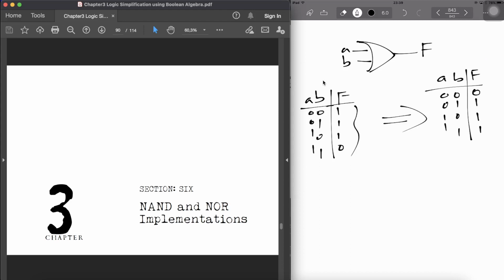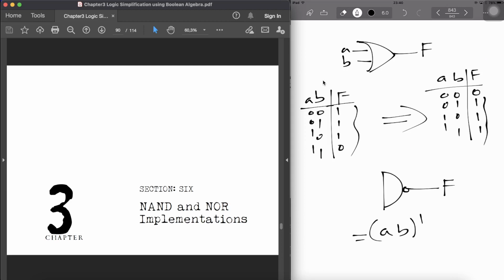modifications to my NAND gate. Now that modification is, when you look at it, it's going to be 1 in all cases, right? So when you think about the function itself, the NAND function is (AB)'.